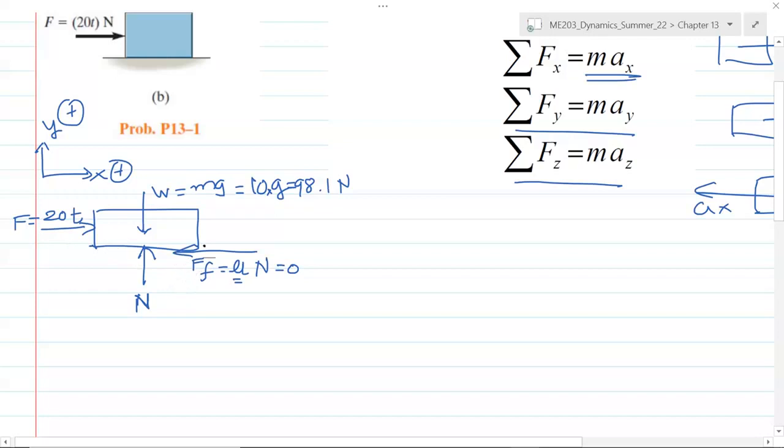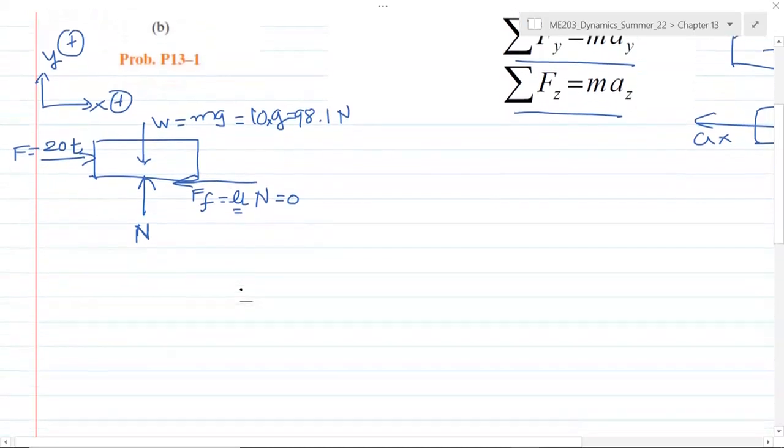So friction is not reducing any force here, and we only include this force and not the friction force. This is what you should do when you don't know mu: make a note here, assumption that because mu is not given, neglecting friction. If mu is given, then yes, consider the friction force. Okay, so these are the different forces.